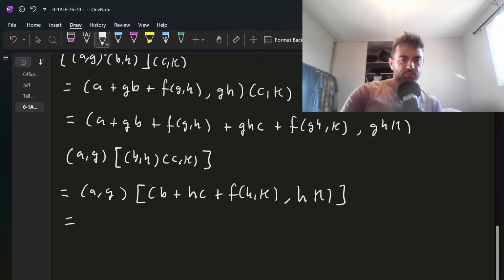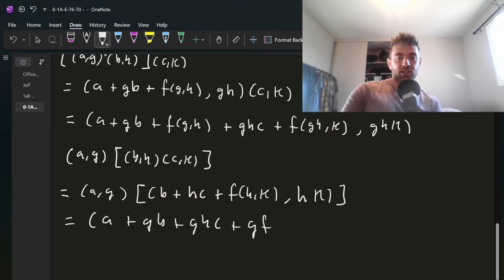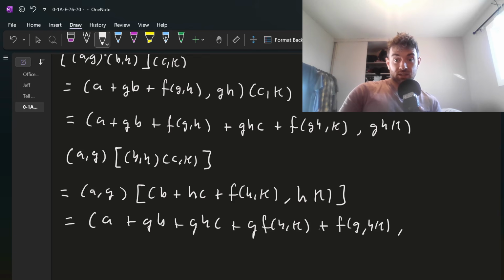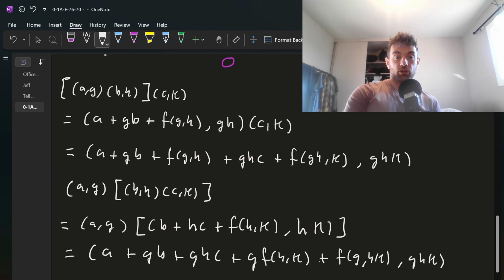equal to, bear with me here, gang, A plus GB plus GHC plus GFHK, plus FGHK, GHK. Okay, so now we are trying to compare this term here.